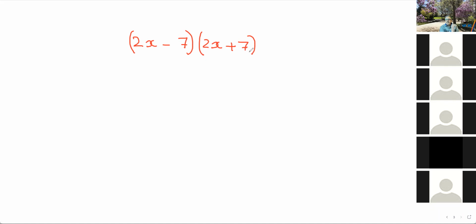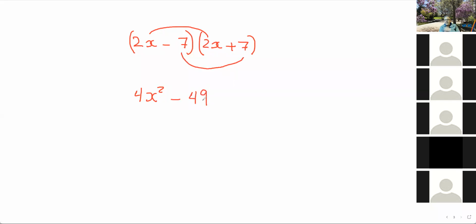Yes, exactly. It's the same thing, except the signs in the middle are different. Always when that's the case, you could take a shortcut by going 2x times 2x, which gives you 4x squared, and negative 7 times 7, which gives you negative 49.